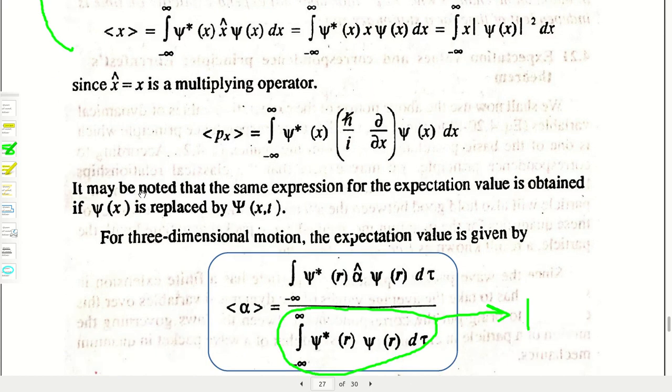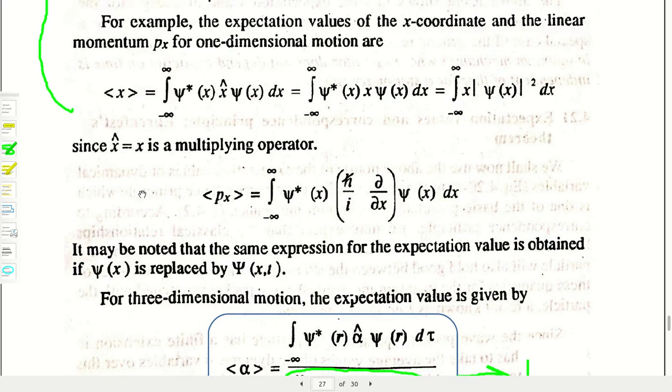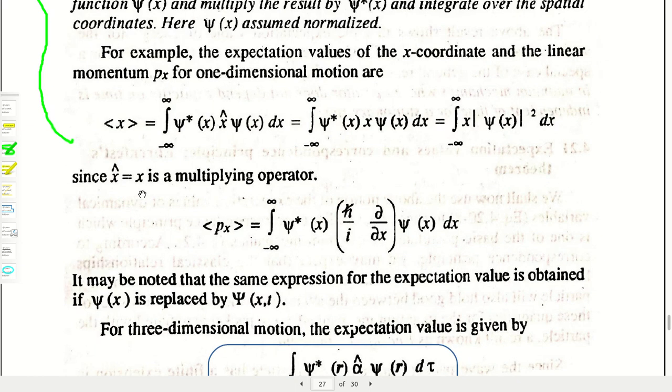This is the technique to evaluate the expectation value theoretically, and these theoretical expectation values are to be tallied with the experimental values, because the experiment doesn't know how the values of the dynamical variables come, whether from quantum mechanics, from Newton's law, from the Schrodinger equation, or from anywhere else.